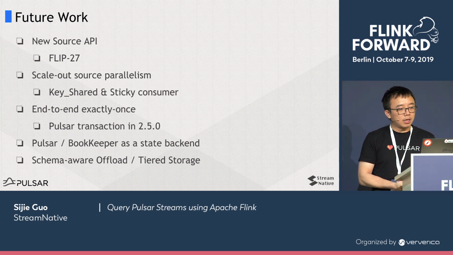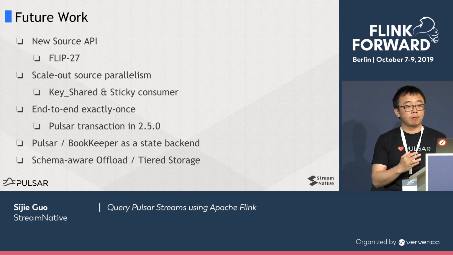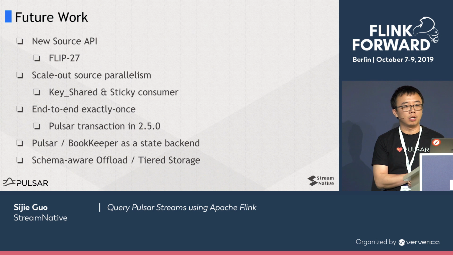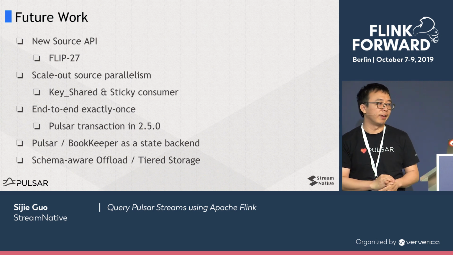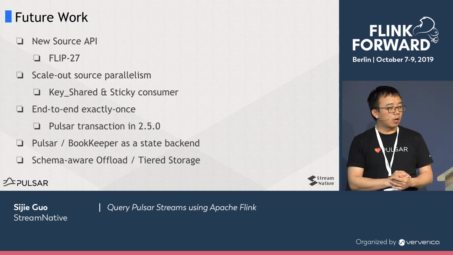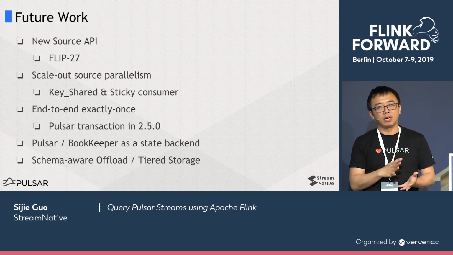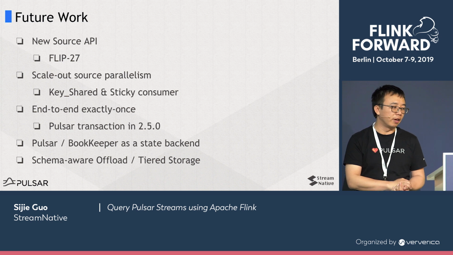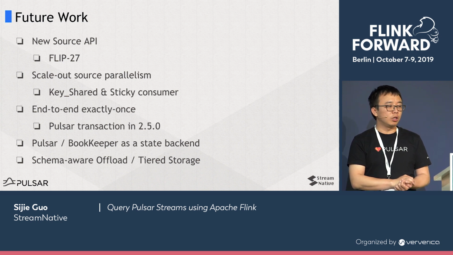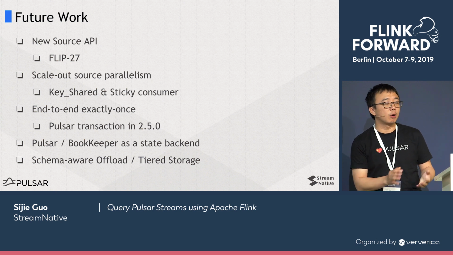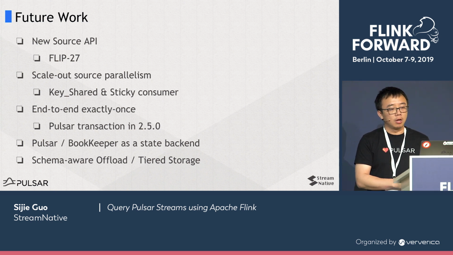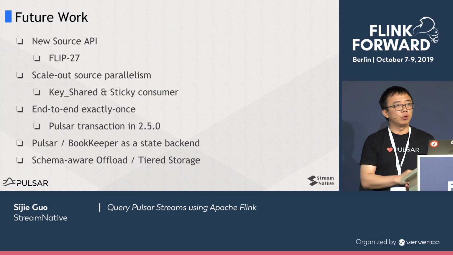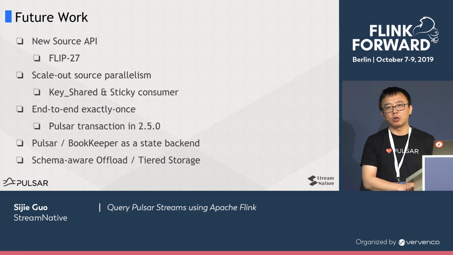The other two directions come more from the integration. We want to use BookKeeper as a state backend for Flink. And since we are talking more about batch processing on Pulsar using Flink, we want to introduce more traditional streaming data warehouse features into Pulsar. We already have schema and tiered storage.